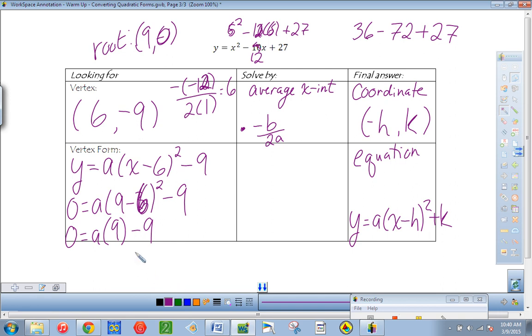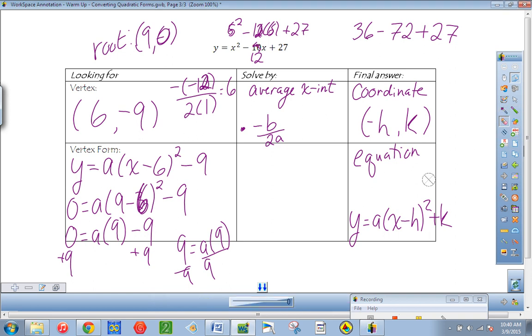Add 9 to both sides. If you have 9 equals A times 9, what do you get? Divide by 9 and you get 1. It's not always 1. We've done somewhere it wasn't 1.